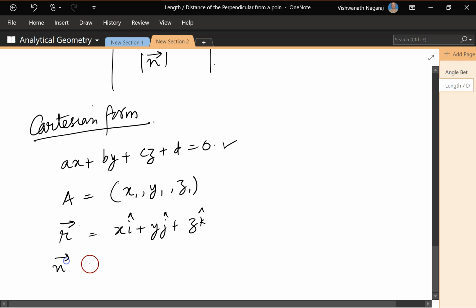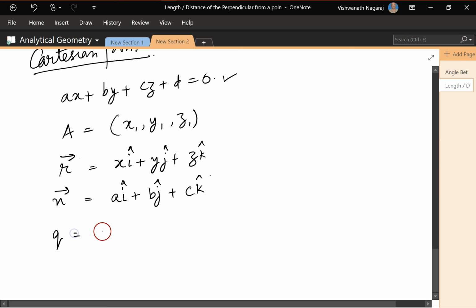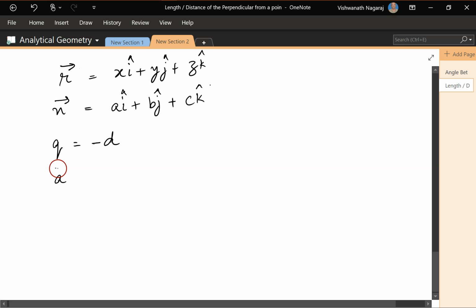The normal vector to the plane, we can use the direction ratios, so ai plus bj plus ck. Now q would be equal to minus d, and let's say the position vector of A is x1, y1, z1.